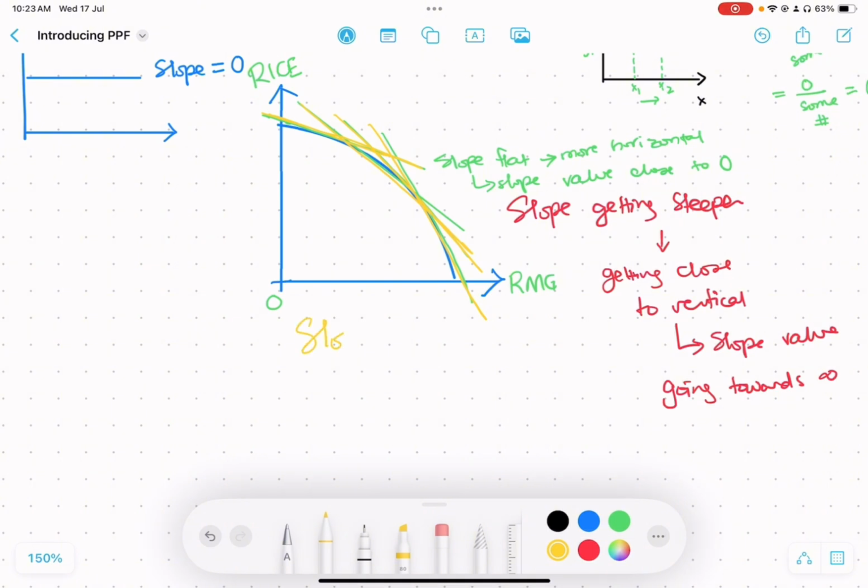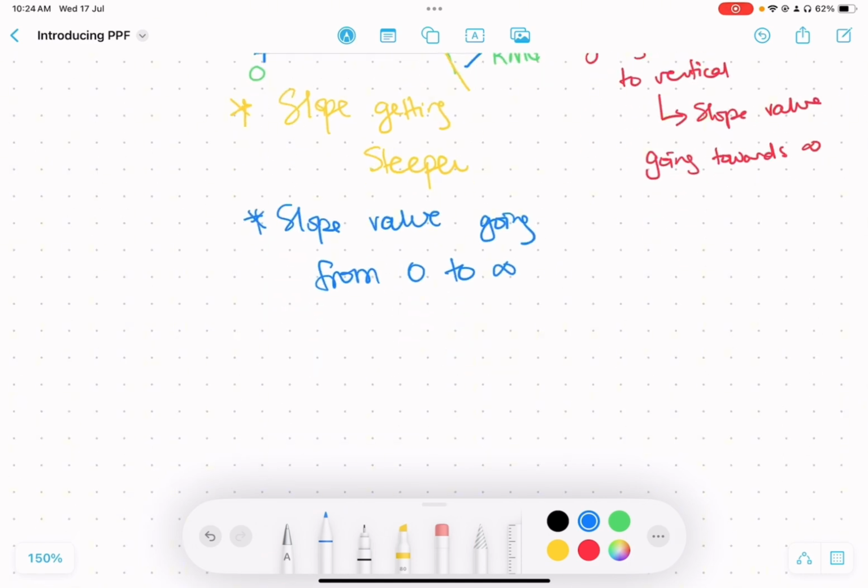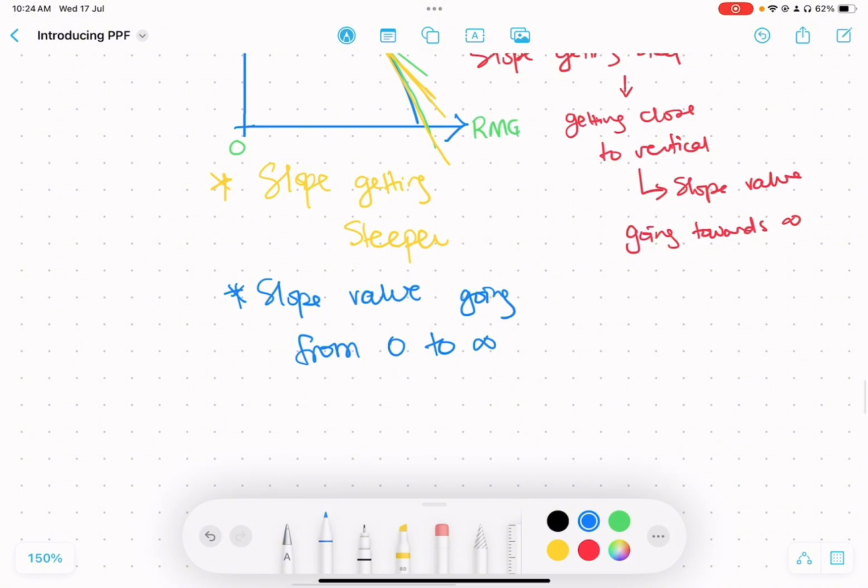I'm showing you that in the above diagram, slope is getting steeper, which means the slope value is going from 0 to infinity. So that is what you need to remember about how we analyze slope. When the slope is getting steeper, it is going from 0 to infinity.